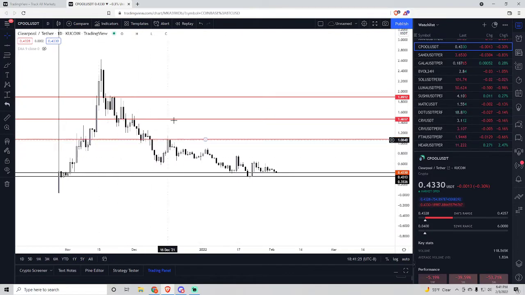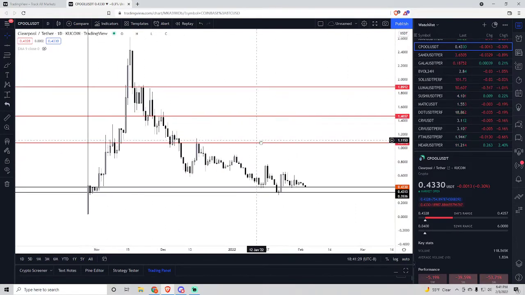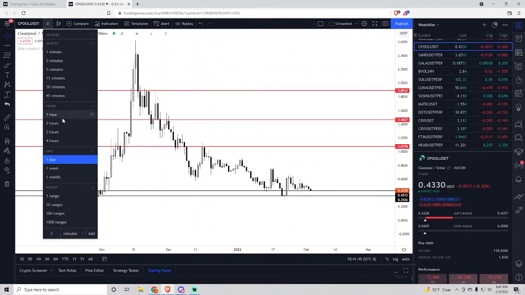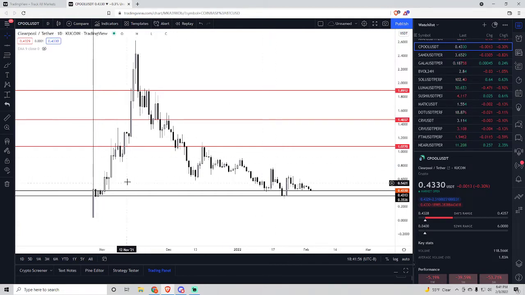Once you have drawn your resistance and support lines, I am going to be looking for my supply and demand zones. Now, supply zones, again, you're going to be shorting them, and demand zones, you're going to be longing them. They are not going to exist on every single time frame, so there might not be any on the daily, but if you go to the 4 hour or the 2 hour, which I really like, the 2 hour, or the hour or the 15, you can spot them.